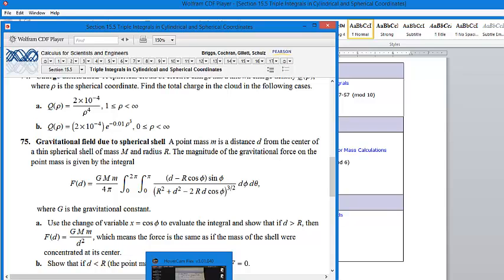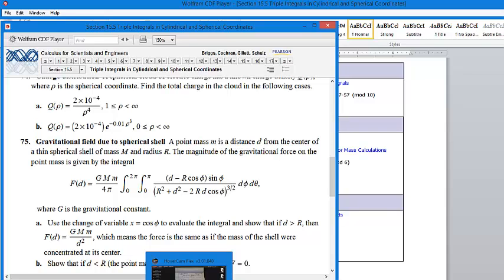And so this is the magnitude of the gravitational force on a point mass, where the point mass m is a distance d from the center of a thin spherical shell of mass M. Oh, so maybe it's not a planet. Maybe it's a particle, like an electron. Anyways, we have d minus big R cosine phi, because they were nice about that.